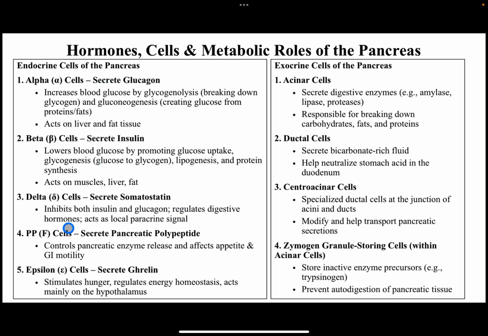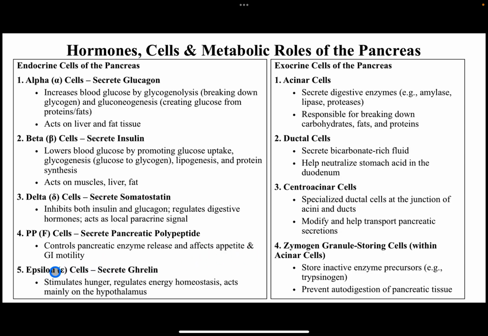So we say that they regulate the hormone secretion, that's the glucagon and insulin secretion. Then we have the PP cells or F cells. They secrete pancreatic polypeptide, which controls the pancreatic enzyme release and affects appetite and GI motility.